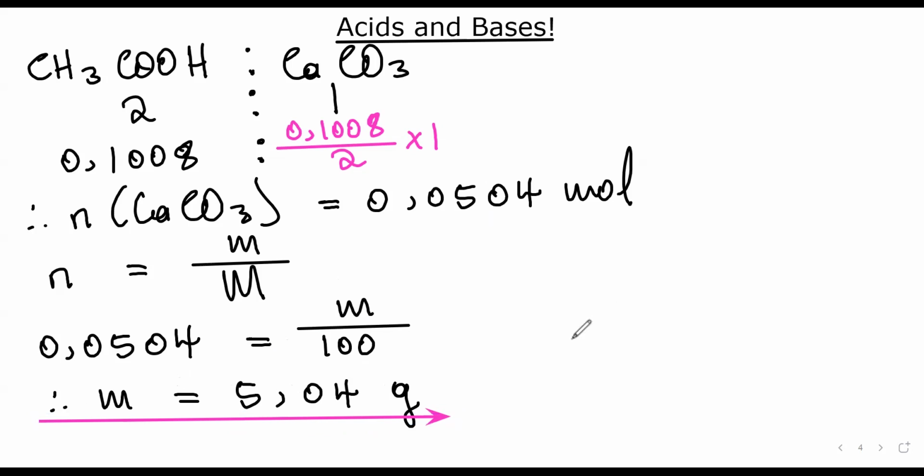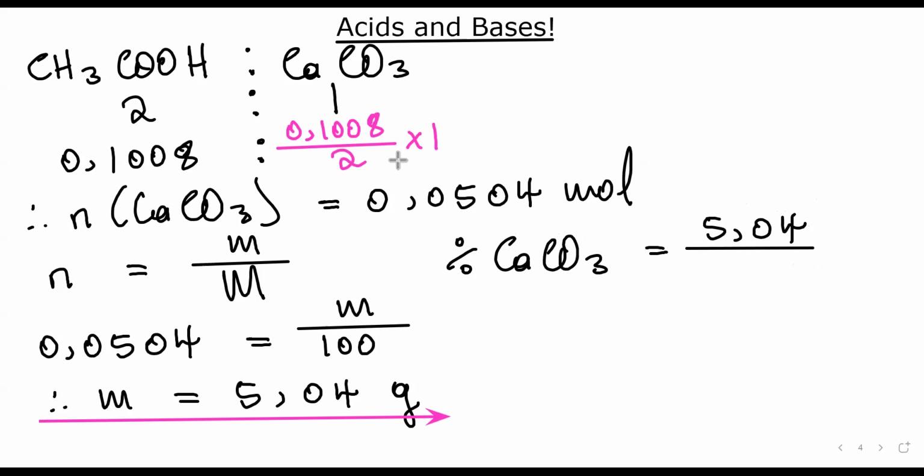Well, now that you know the mass of calcium carbonate, then you can now find the percentage of calcium carbonate in this 56-gram sample. It's the same as finding the percentage purity, really.